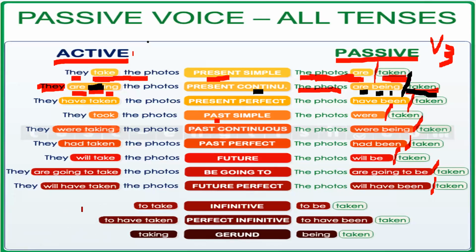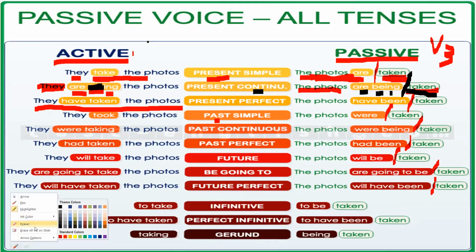My question to you is how to turn this present perfect sentence in the active form to a passive form. Okay, sir. In passive form, the photos have been taken, and in active form, they have taken the photos.